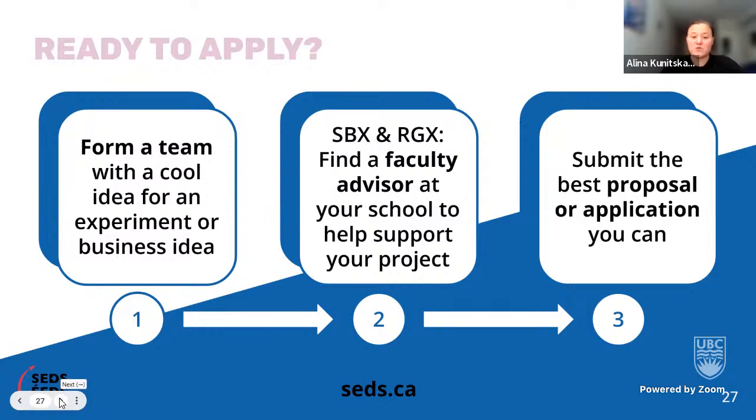And then, as we mentioned, you can submit an interest form ahead of time, and that gives us an opportunity to potentially give you any feedback or raise any red flags that we might see. And then you can submit your proposal, or in the case of YSpacE, it's again a very quick application that you can submit, and then you're on your way.